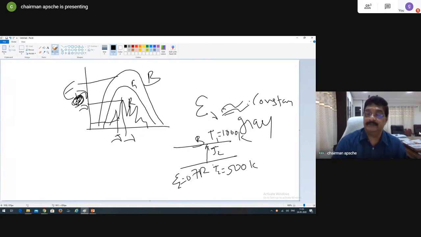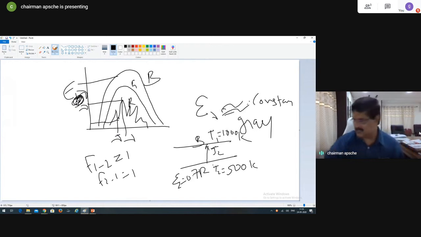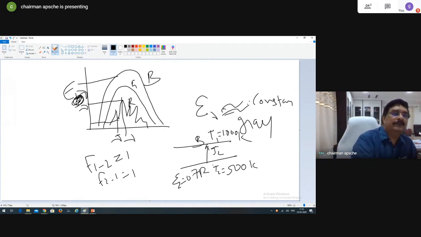Because there are two large plates, the shape factor is equal to 1. F1 to 2 is 1 and F2 to 1 is equal to 1. That means they are infinitely large parallel plates, so there is nothing to escape. So from this plate, how much is coming? J2 is coming. What is J2?